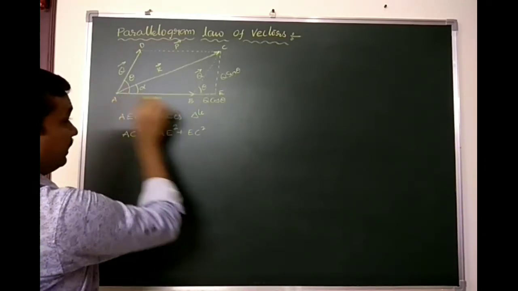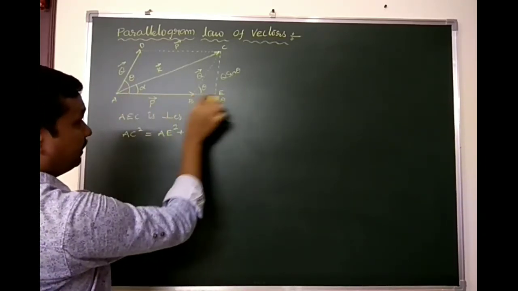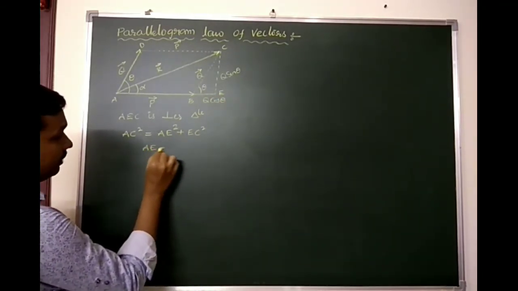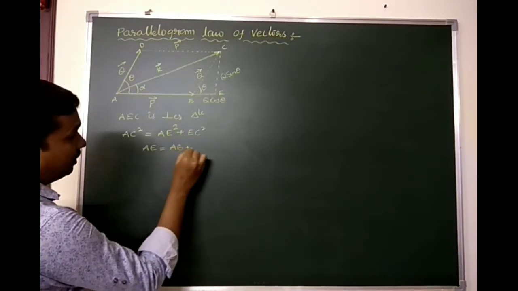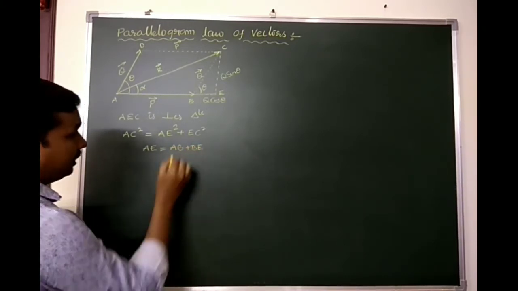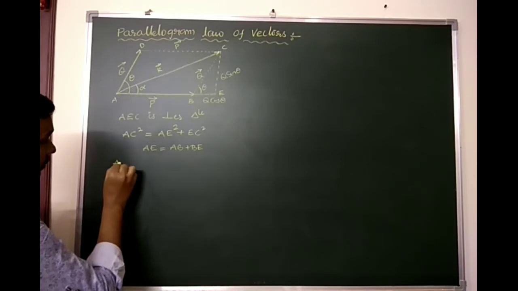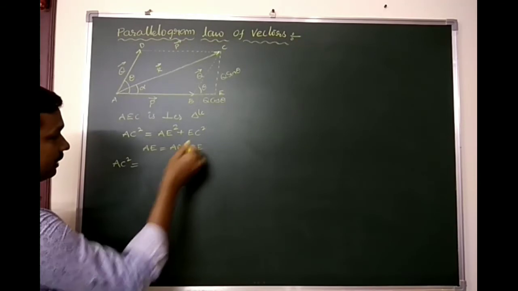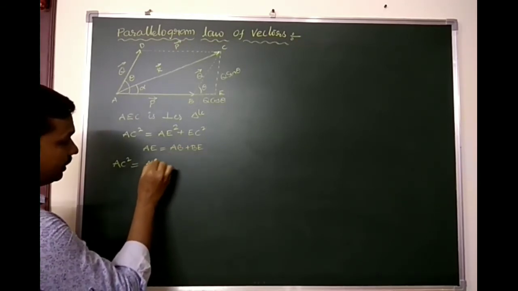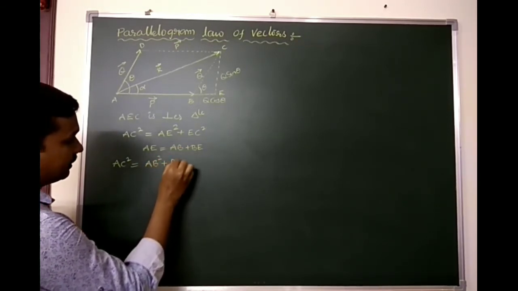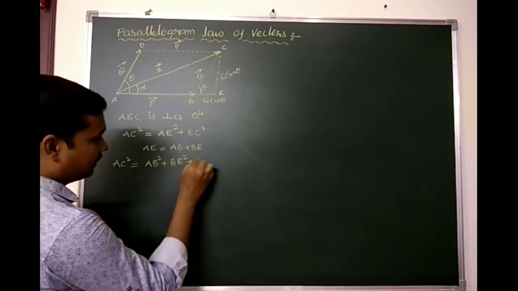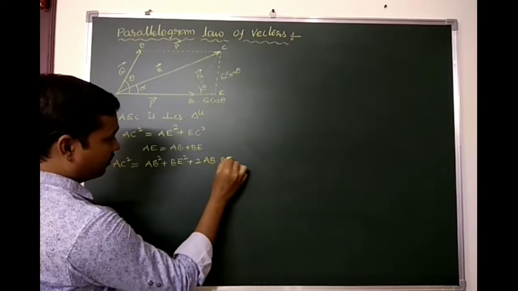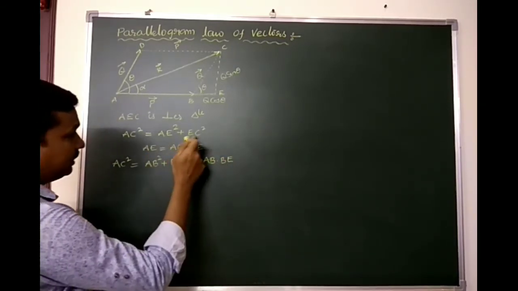AE equals AB plus BE. Substituting this, AC square equals AB square plus BE square plus 2 AB BE. AE square is completed, and EC square stays as it is.